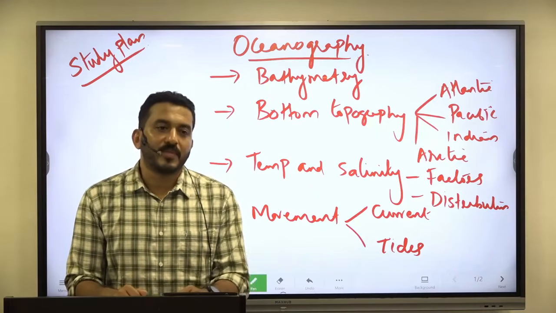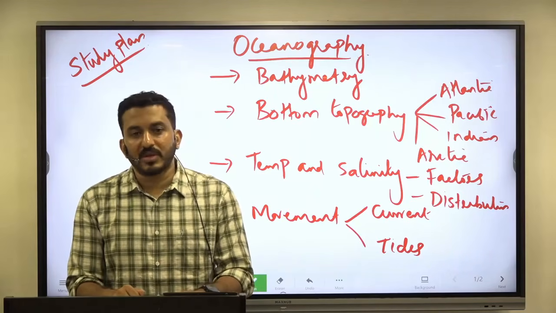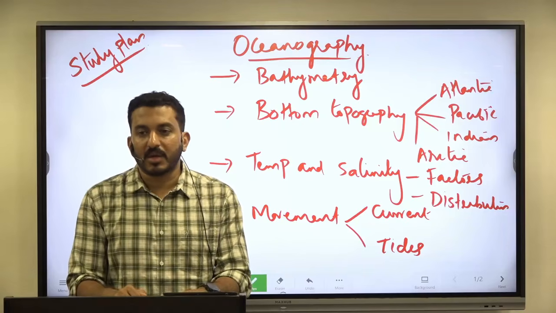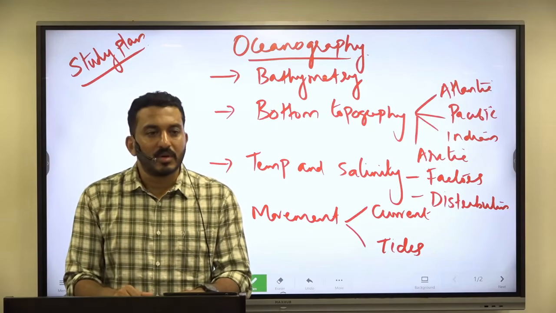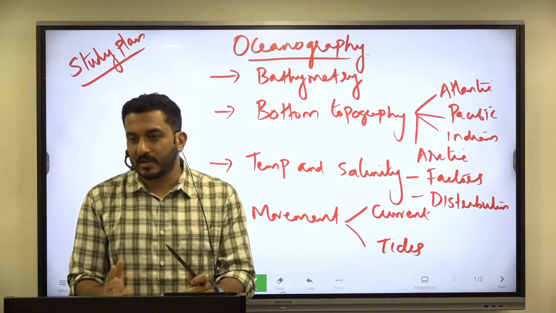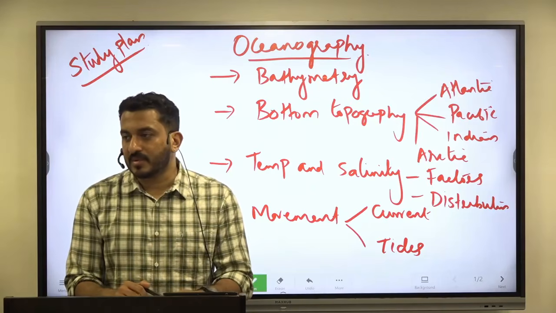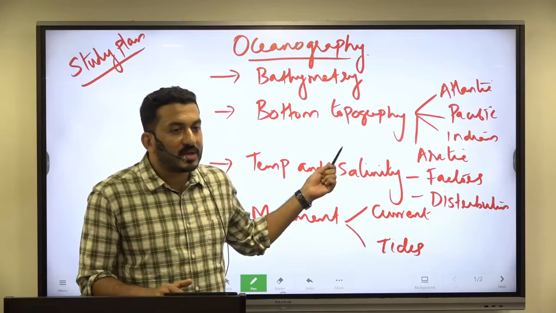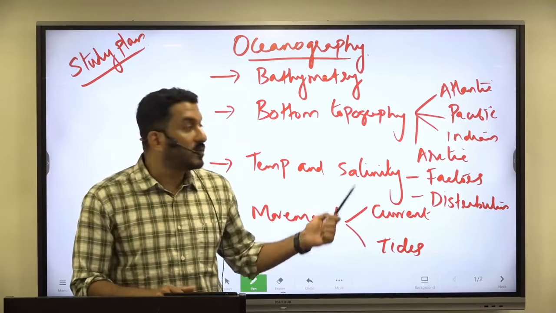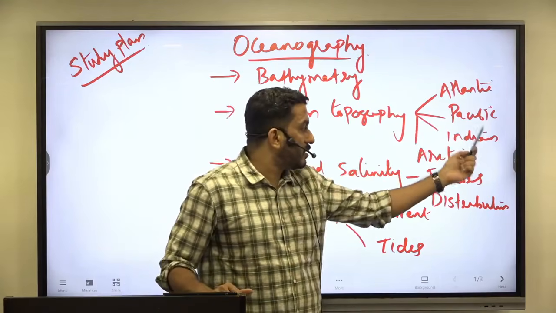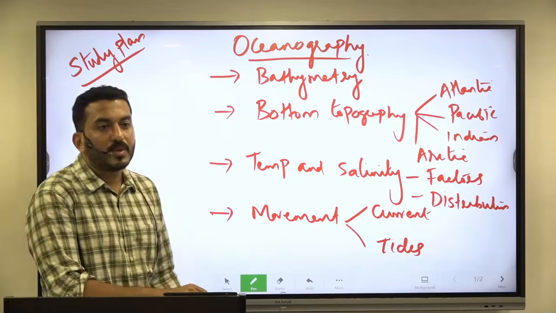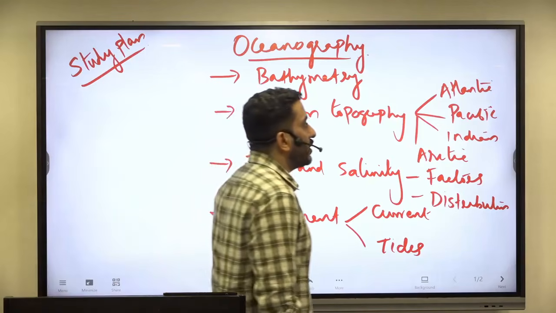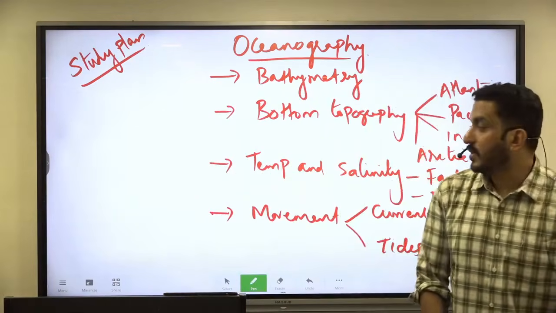For example, one familiar feature is trenches, Mariana Trench. You might have heard about it. Likewise, you have ridges and many other features in the ocean. That is bathymetry. Now you need to understand the specific study of these features with respect to the Atlantic, Indian, Pacific and Arctic Ocean. That is called the bottom topography of Atlantic, Pacific and Indian.